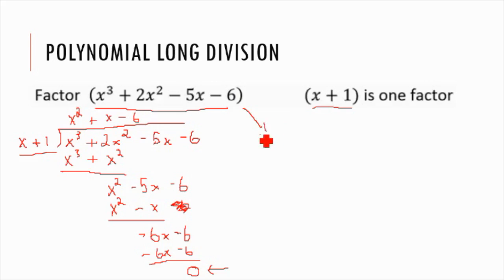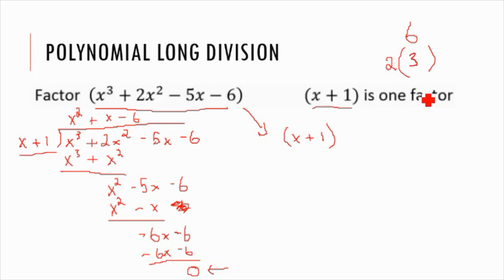So if I factor this polynomial, x plus 1, and when I factor something out, I'm really dividing that something. So if I have a 6 and I'm going to factor out a 2, what I'm really doing is dividing it by 2. So I'm taking the 2 out, then I'm dividing it by 2 to see what's left.